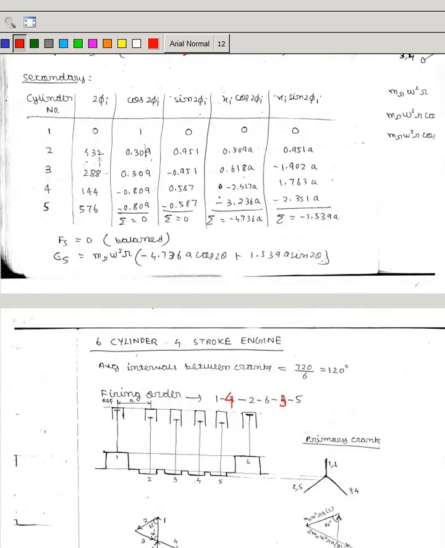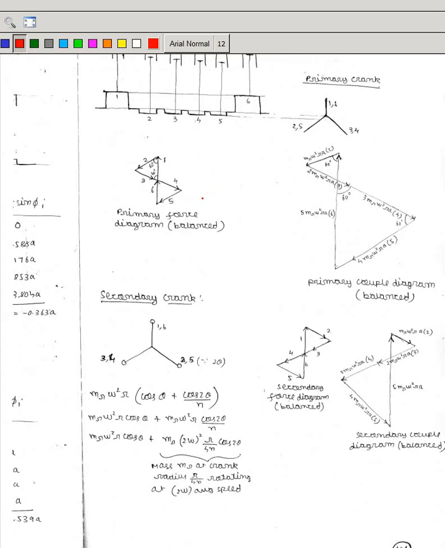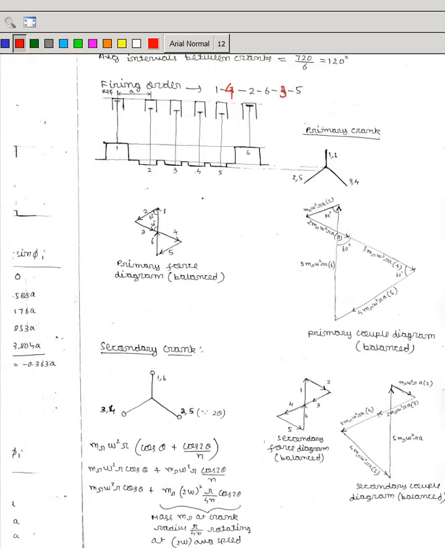Now you can construct tables like this, or you can do it graphically by putting masses at the crank tips. For the primary, 1 is along here, then 2 is along here. This is the force polygon.